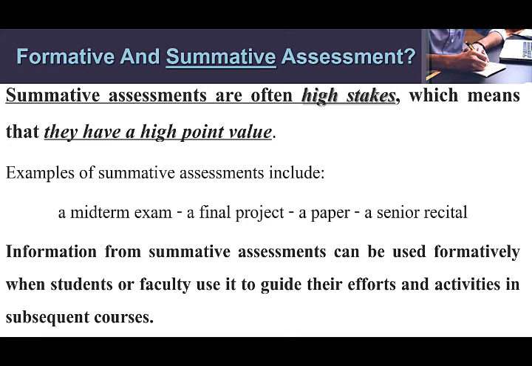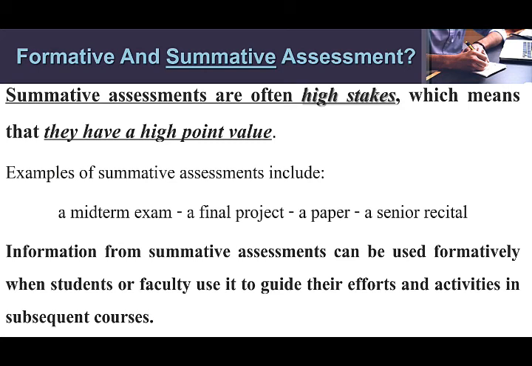Examples of summative assessments include a midterm exam. We said sometimes we have first midterm, second midterm, and then we have the final. These three types of exams are summative, because for example, 25 marks for the first midterm, 25 marks for the second midterm, and then 50 marks for the final.